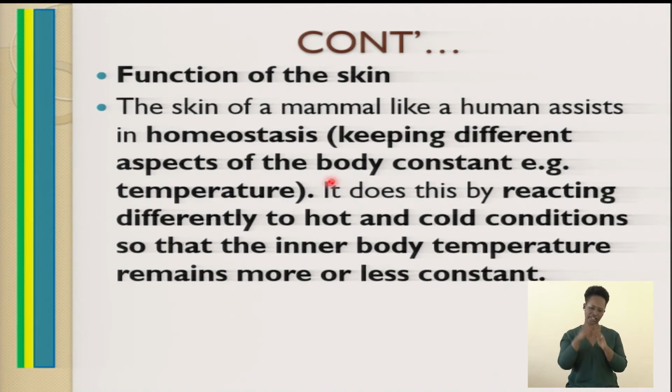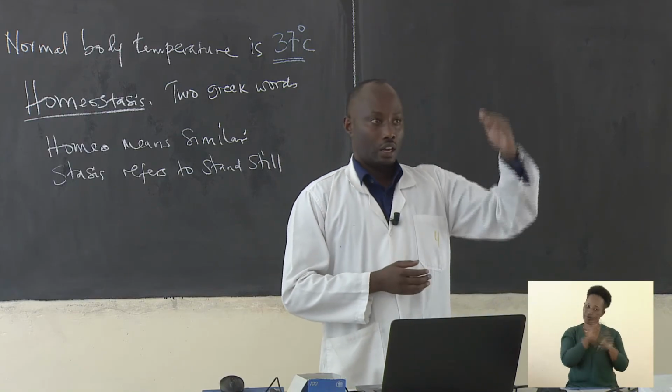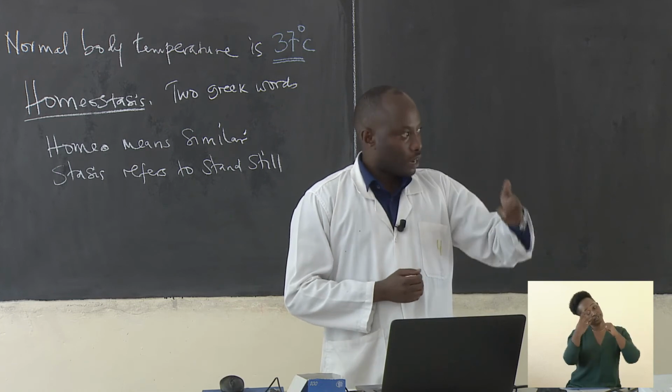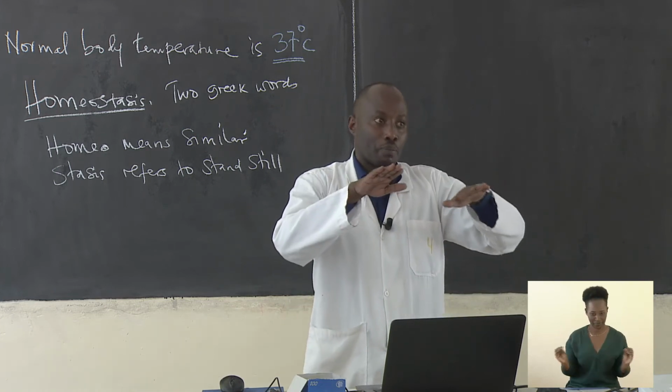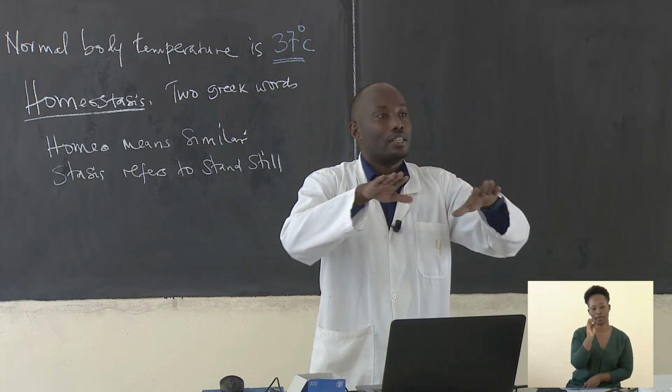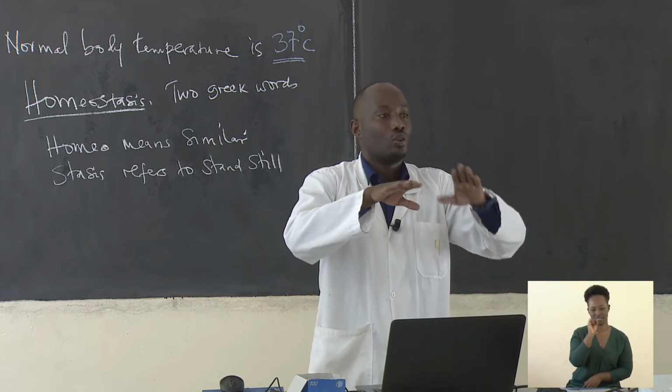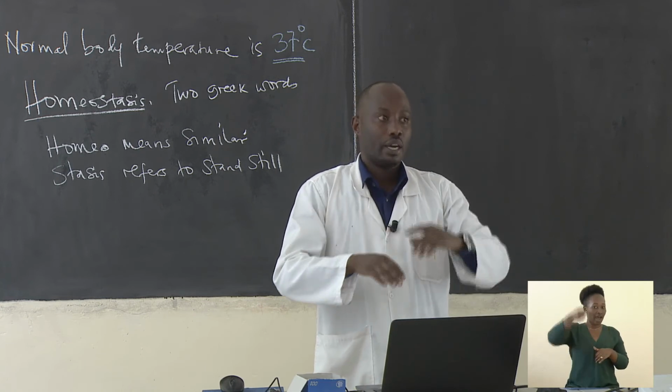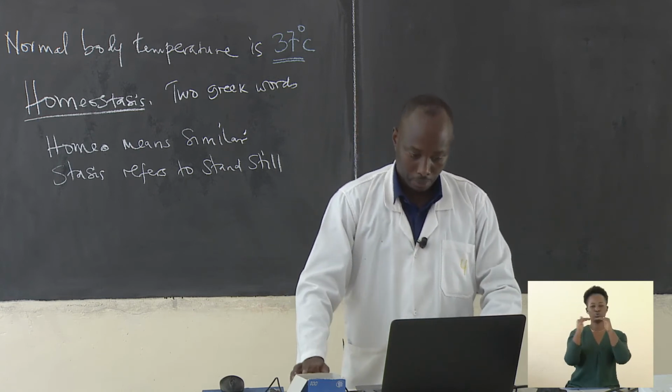These aspects include temperature. I know everybody knows our body temperature must not exceed 37 degrees Celsius. As I mentioned on the chalkboard, it is 37 degrees Celsius. Above that, it is abnormal. Below that, it is abnormal. The skin, by the process of homeostasis, maintains the temperature to be constant, not very high, not very low, regardless of external factors.